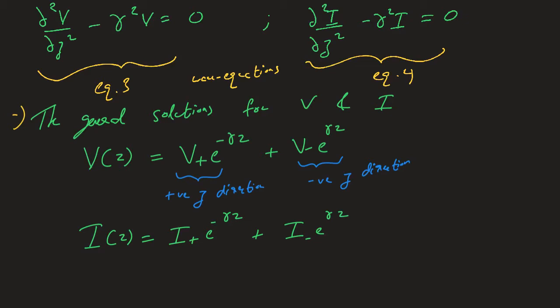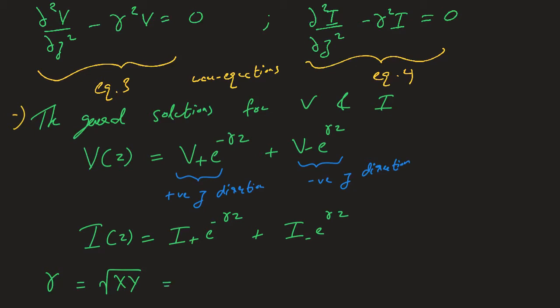Now, this factor of gamma: gamma squared is xy, so gamma is equal to the square root of x times y.